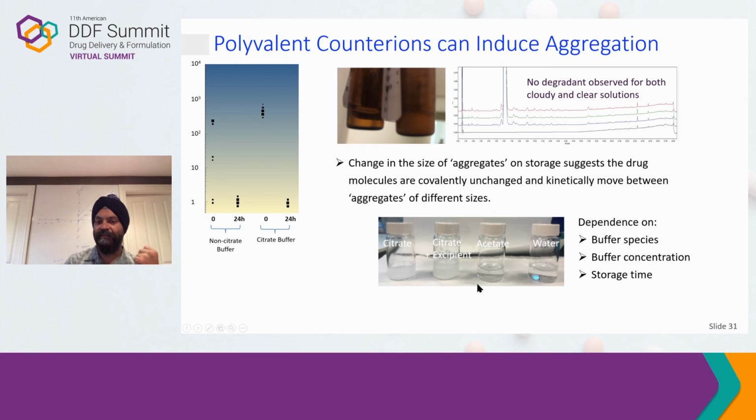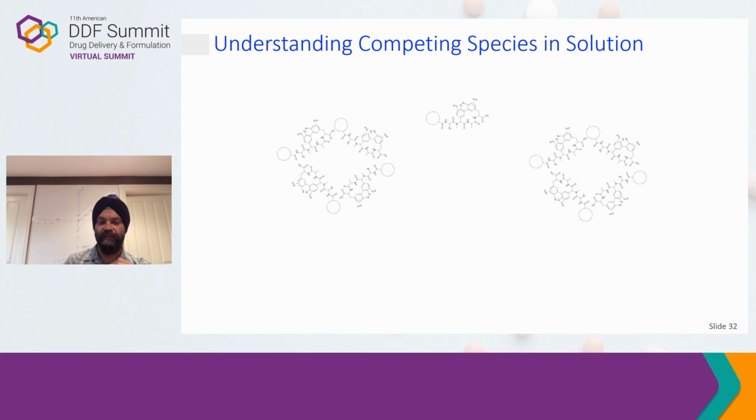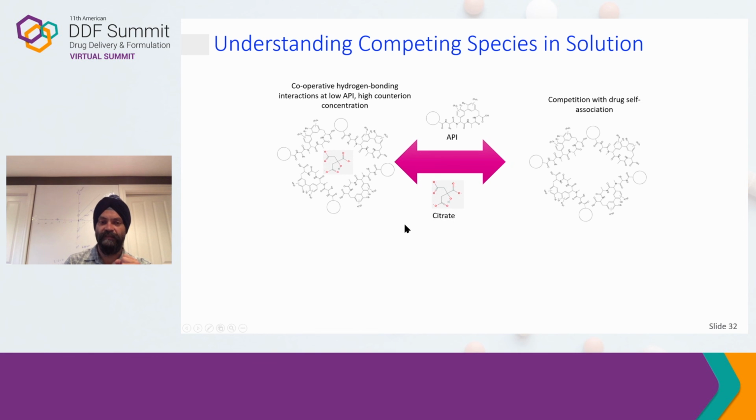Now, this is a behavior that is difficult to predict, but you can start to get a handle on this kind of behavior if you invest early in understanding what's happening with these interactions. So for example, in our case study, what we are seeing here on the left is cooperative hydrogen bonding interactions at low API concentration and high counterion concentration.